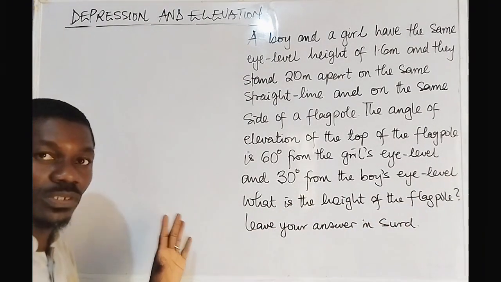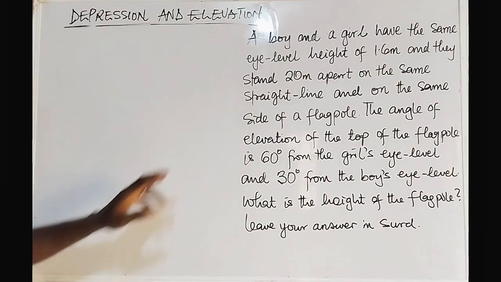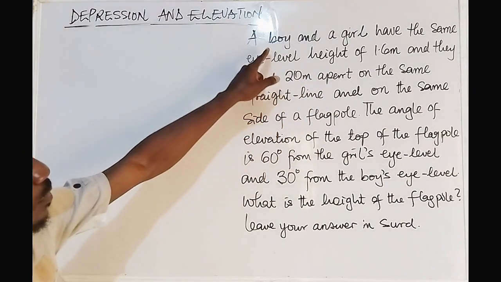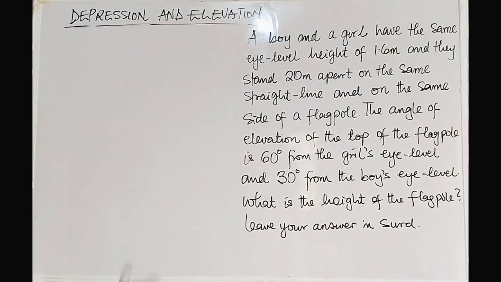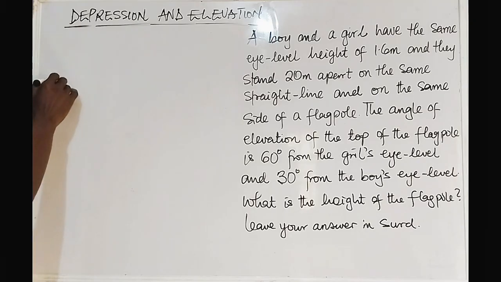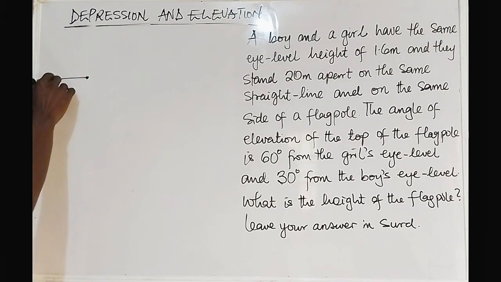Now how do we represent this pictorially? Now let us start. Take note that the question tells us that both the boy and the girl have the same eye level height of 1.6 meters. So let's assume this is their eye level here, the same.